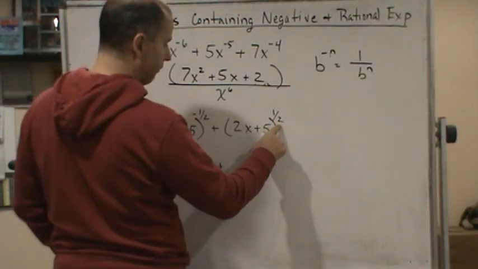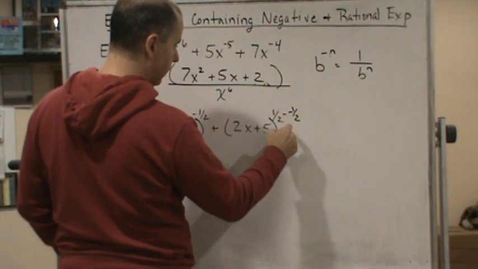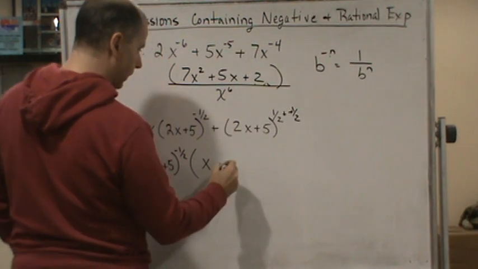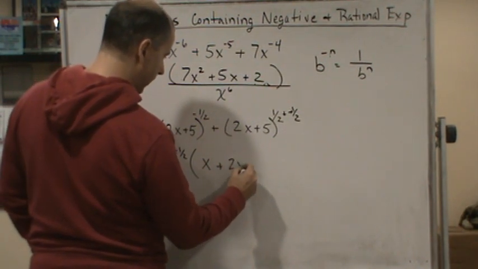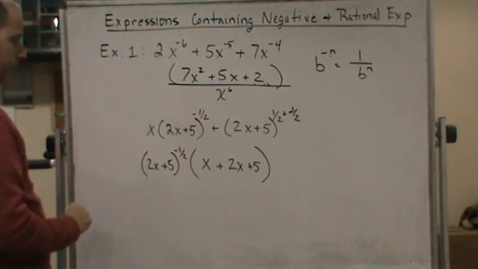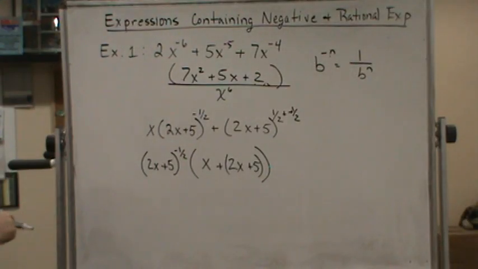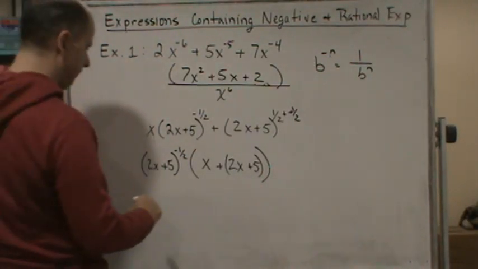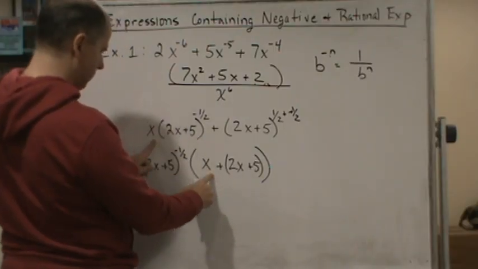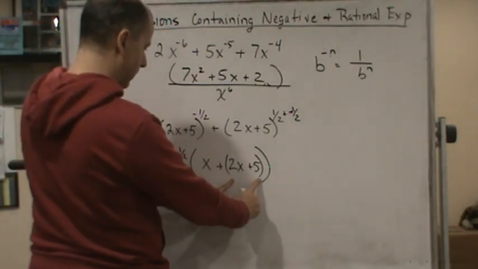So 1/2 minus a negative 1/2 equals 1. Right? So I'm going to end up with 2x plus 5 right there. If you want to put this in parentheses so you can see it better. So all I did was I factored out this, which left me x, and then I factored out also this from this one, which left me this.